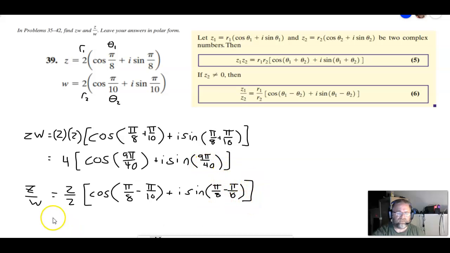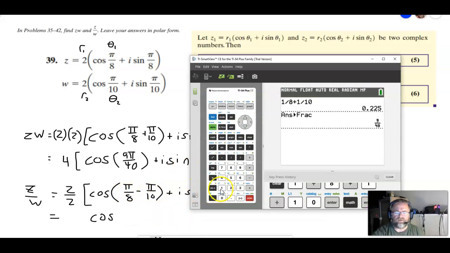Close that up, and to simplify that, just have a 1 on the outside, so this will end up being the cosine. And once again, now I'm going to do 1/8 minus 1/10. So let's do 1 over 8 minus 1 over 10. We could always do this by hand, but we have a calculator. Convert that to a fraction.